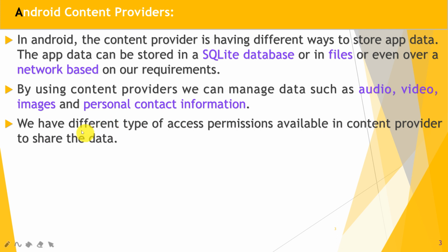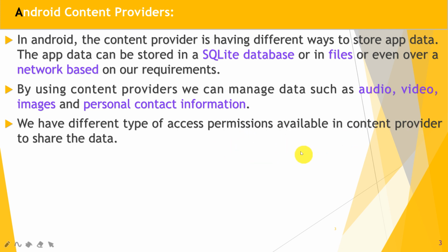There are different types of access permissions available in the content provider to share the data. While you want to share the data with other applications or apps, we can give certain permissions, and those access permissions are given by the content provider.